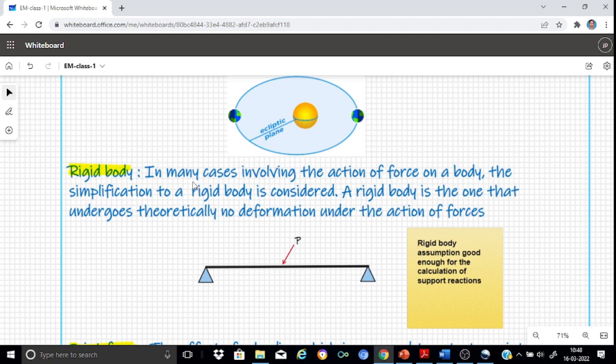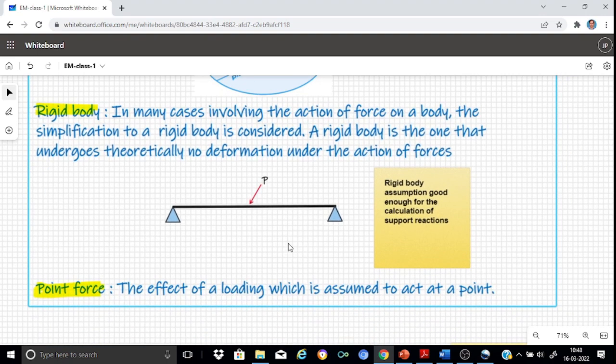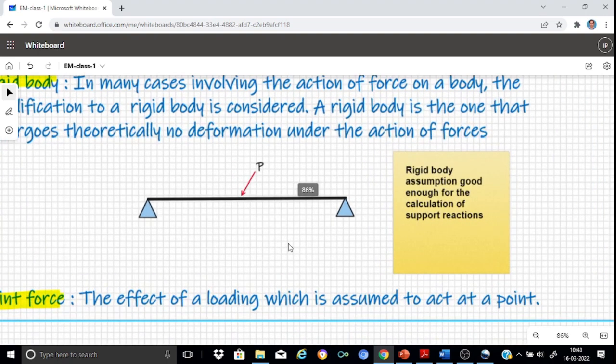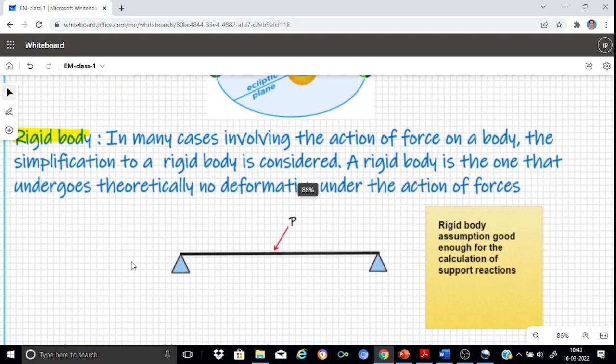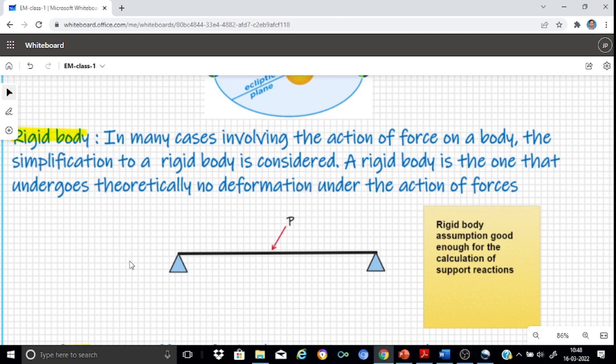As I already mentioned, a rigid body is one that undergoes theoretically no deformation under the action of forces. A practical case is shown here wherein I use the rigid body idealization.